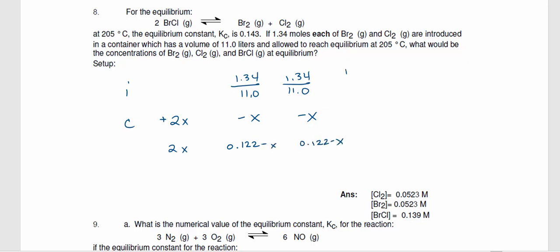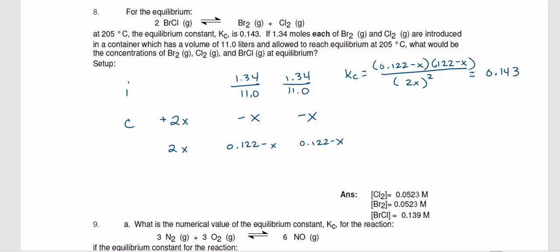And we need to set this up into the Kc expression. So we have our concentration of Br2 at equilibrium times the concentration of Cl2 at equilibrium divided by the concentration of BrCl squared. And that's going to be equal to my value 0.143.